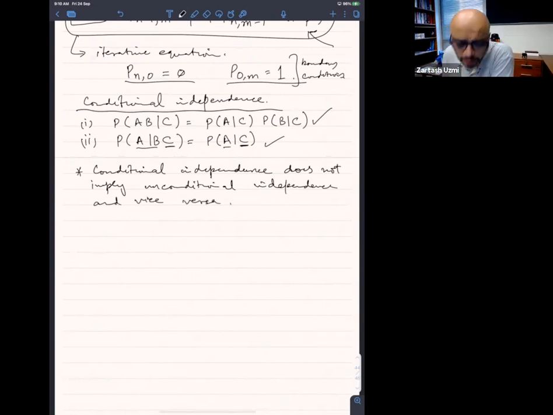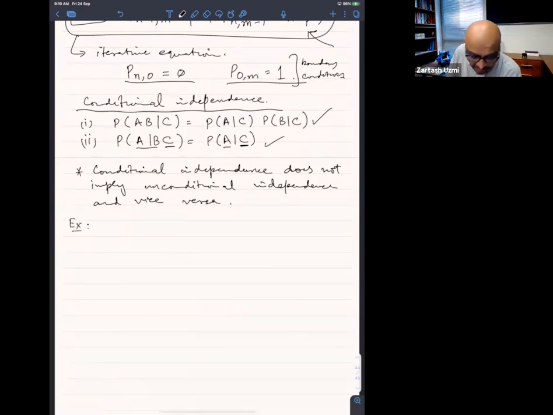So it can happen that 2 events are independent, but if a third thing is given, they are no longer independent. This is possible. Not always required, but it is possible. Okay. So I will give you an example.